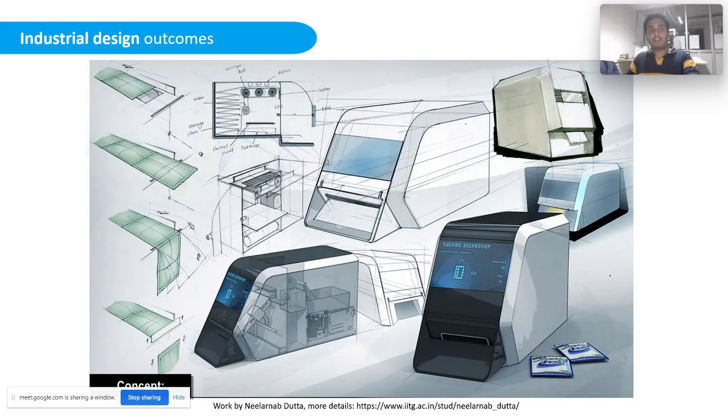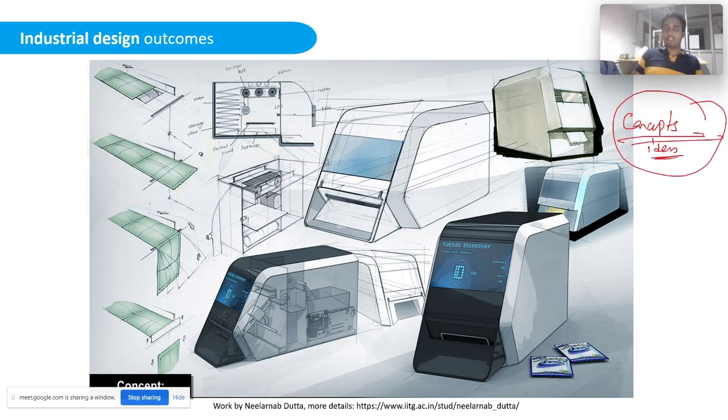Now let me give you an example of the industrial design outcome. The nature of an industrial design outcome is, as I told you before, concepts. Concepts means ideas. Generally in the industrial design phase, we create a lot of concepts, and out of those, we select particular concepts which satisfy all the societal requirements.